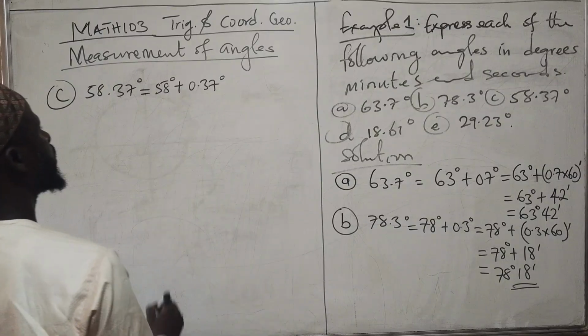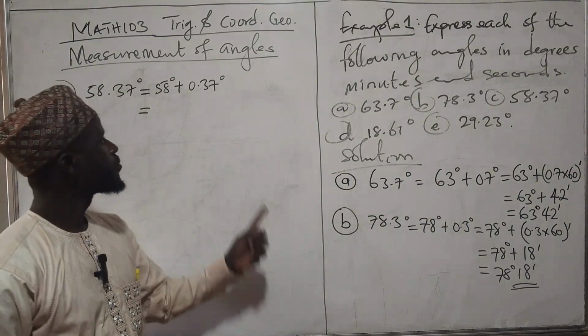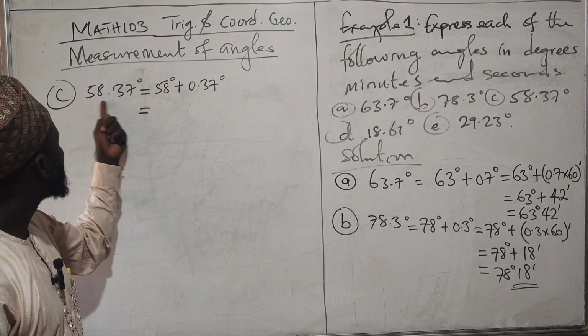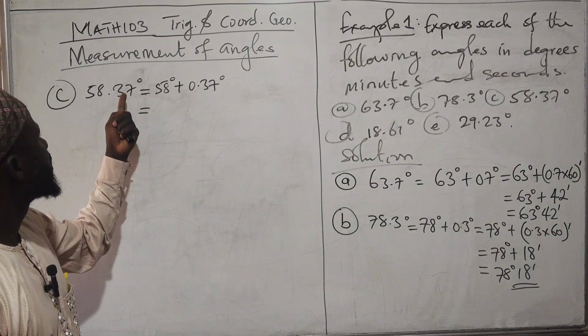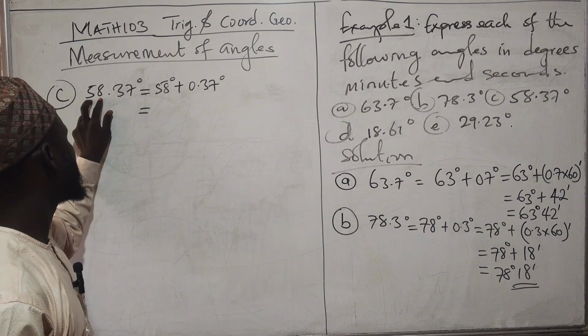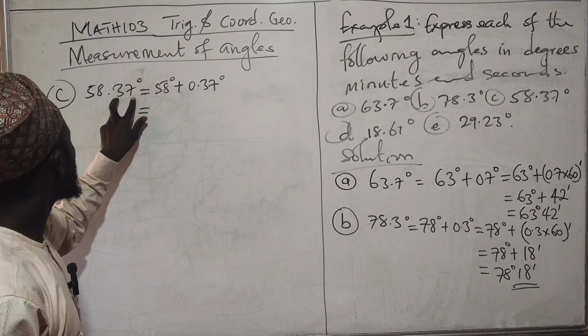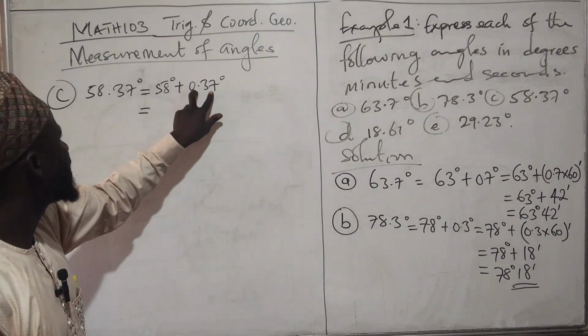As I have said earlier, we are converting this angle to degrees, minutes, and seconds. So you leave 58 as it is, as the whole part in degrees. Now convert 0.37 to minutes.